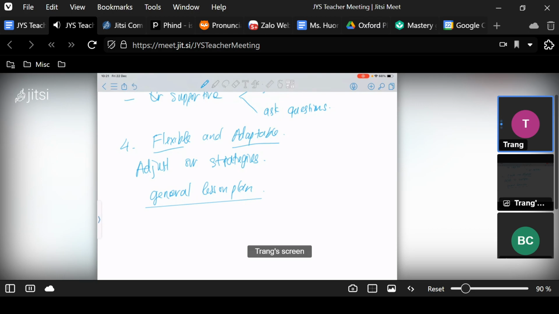For example, if a particular topic excites them, we have to allow for more exploration in that area.